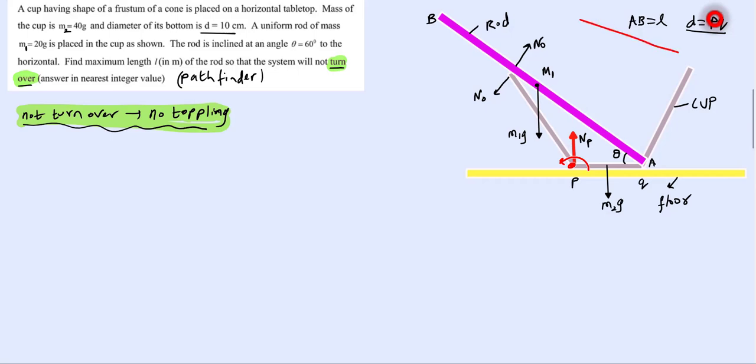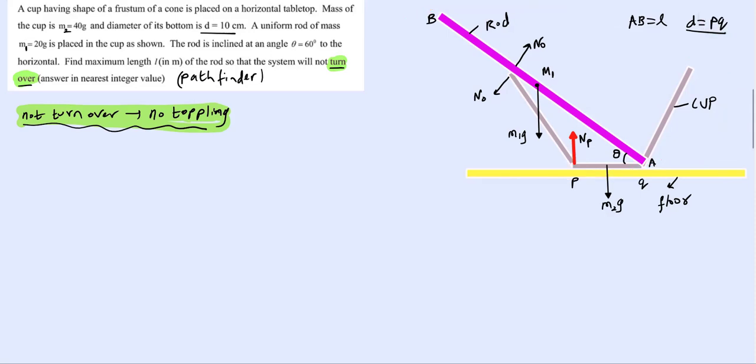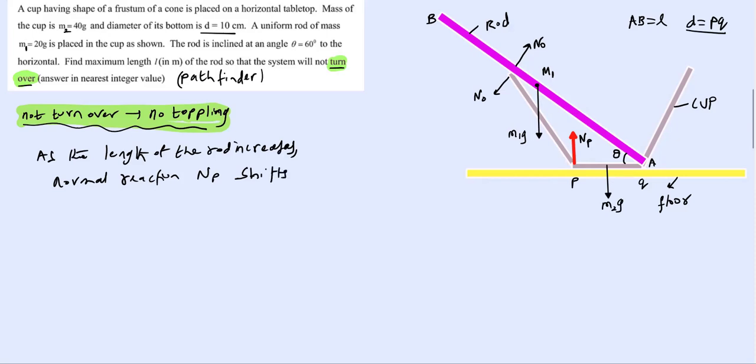Okay, now we'll take this rod and the cup as a system and we'll discuss the net torque about point P. I'll write it here. As the length of the rod increases, the normal reaction NP shifts towards the left.